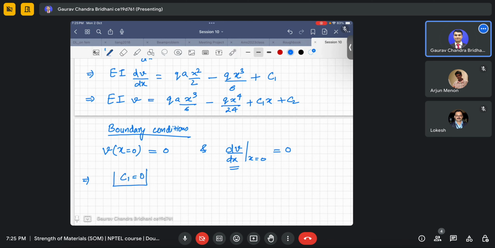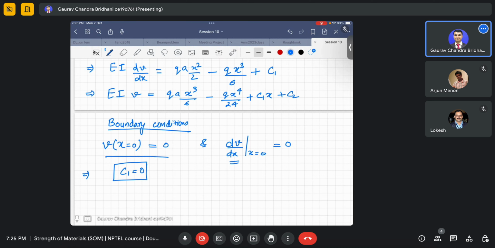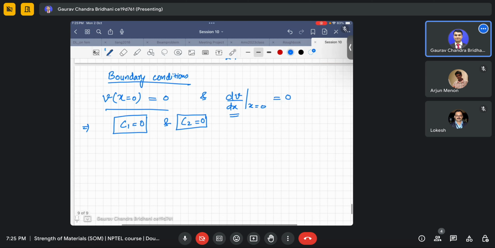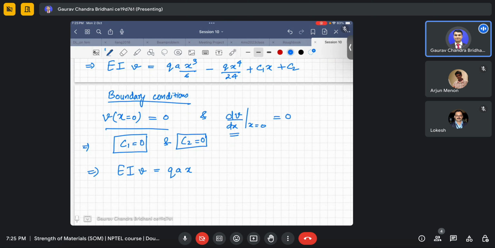Now if I put the other condition in this one, x is 0, so all these terms are 0, so C2 is also 0. That means the equation becomes EI into V is equal to QA x cube by 6 minus Qx power 4 by 24. This is the equation for deflection.